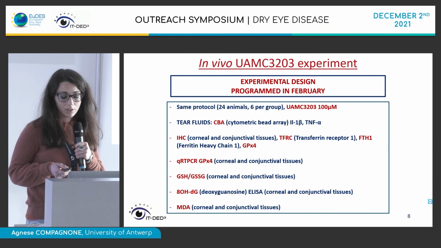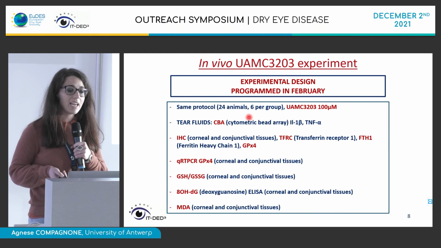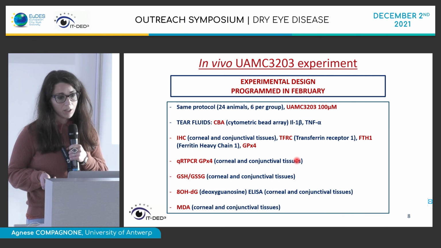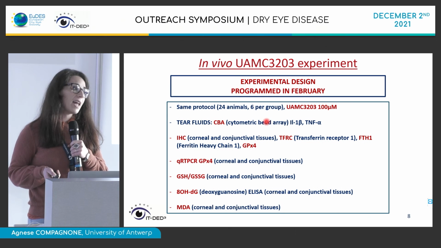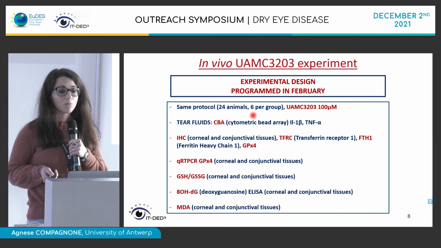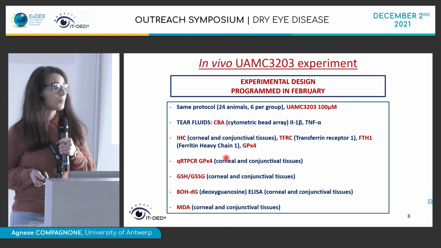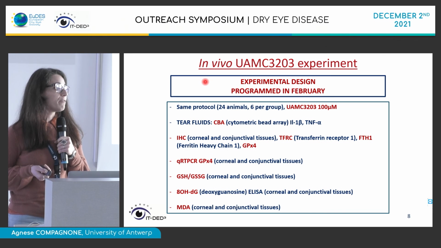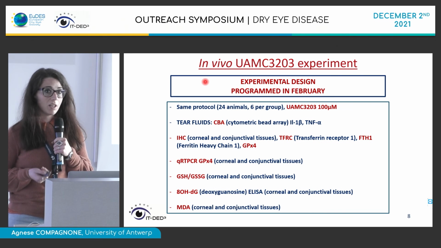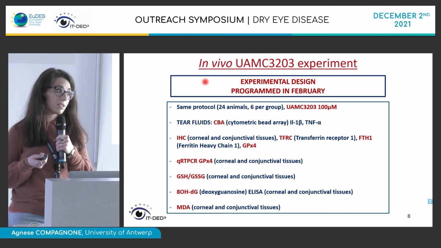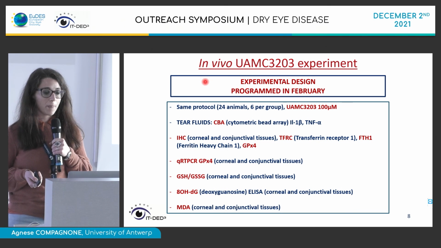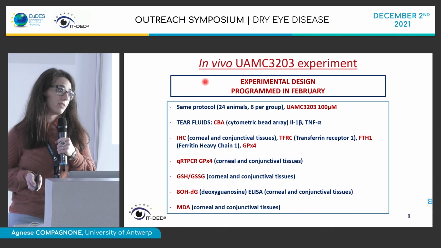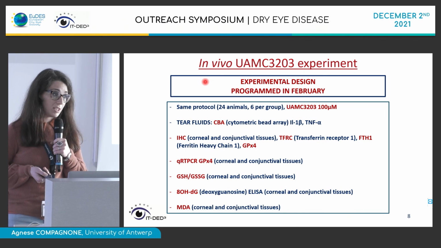The design of the actual in vivo experiment, which is programmed in February, is slightly different, because we want to check if ferroptosis is relevant in dry eye disease, if there is the presence of this kind of programmed cell death, and we also want to see if the compound is able to reduce the symptoms and signs of the disease in terms of oxidative stress.